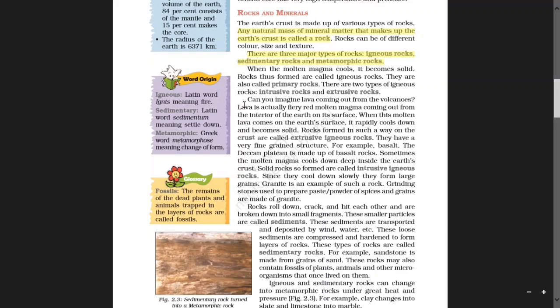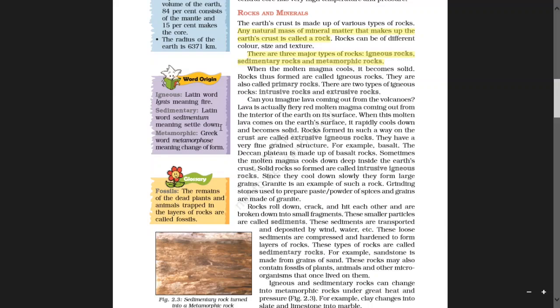See here the word origin, left margin. Igneous is a Latin word, ignis, meaning fire. Then sedimentary is also a Latin word, sedimentum, meaning settle down.